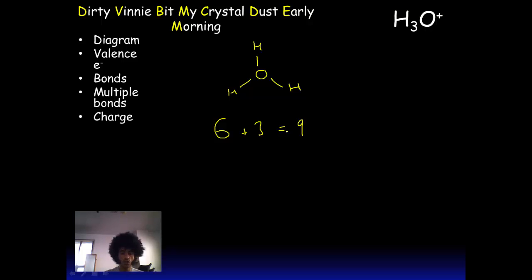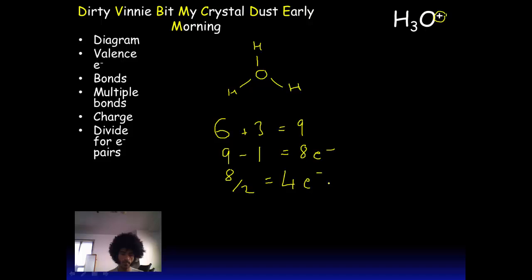So now let's move on to charge. Now, the hydronium ion has a positive charge, so I need to take away 1, which equals 8 electrons. I'm now going to divide for electron pairs. So 8 divided by 2 equals 4 electron pairs. Now let's finish this off. Electron geometry. My oxygen is here. I've got 4 electron pairs to deal with.